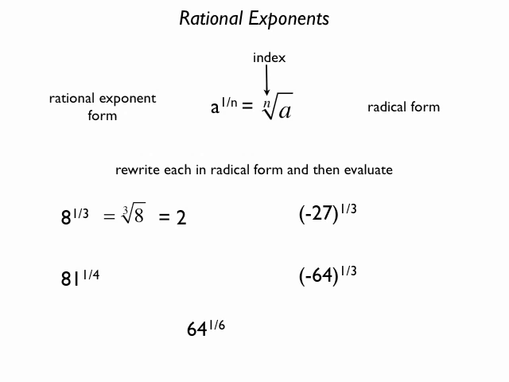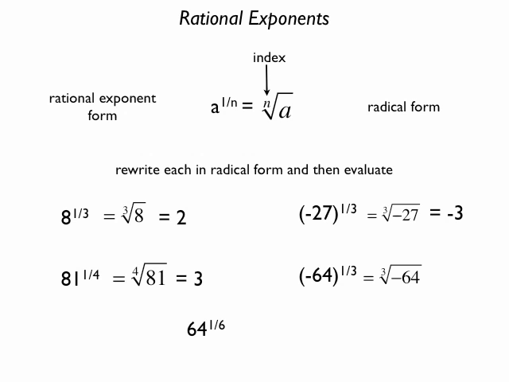Now, with negative 27 to the 1/3 power, you're still going to rewrite as the cubed root of negative 27, and then what times itself 3 times makes negative 27? What cubed is negative 27? In this case, it's negative 3. 81 to the 1/4 power, we'll rewrite as the 4th root of 81, and then what raised to the 4th is 81? It's 3.